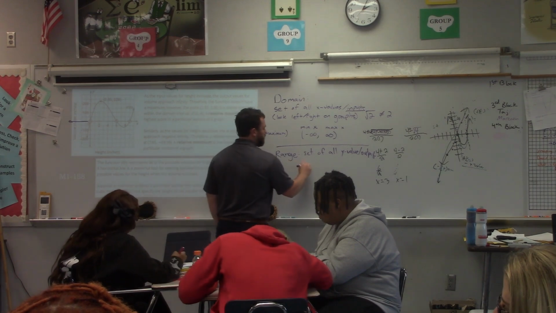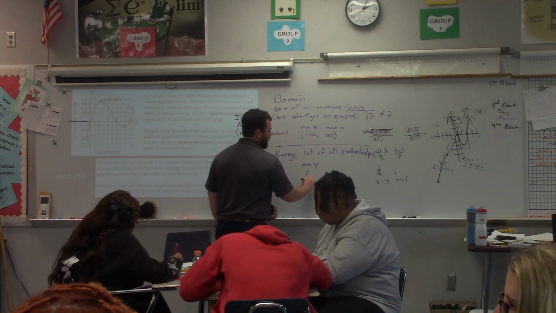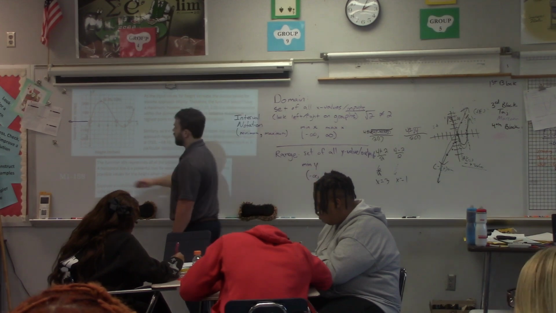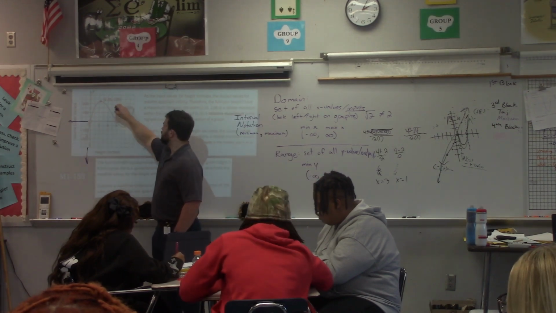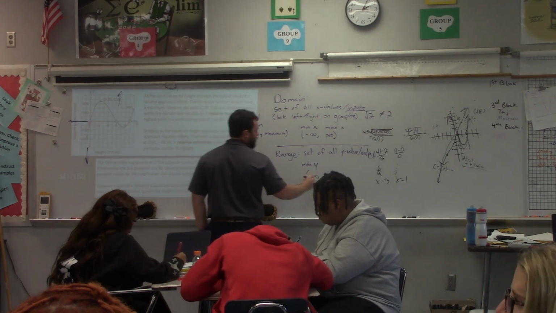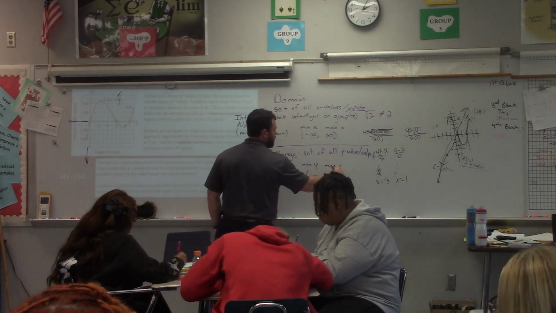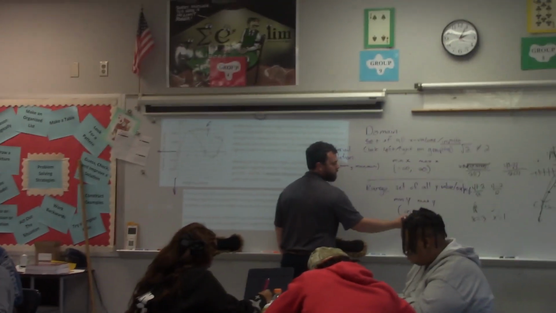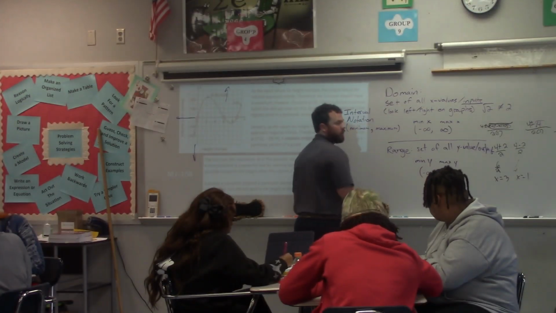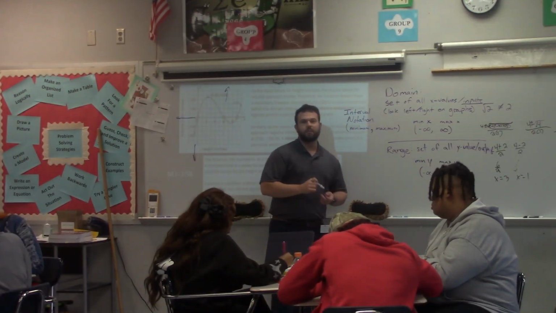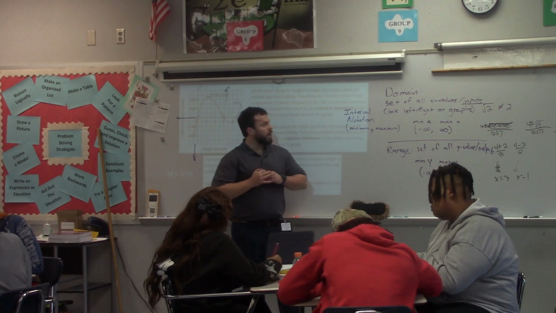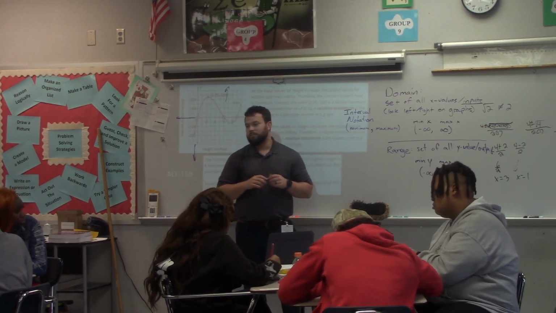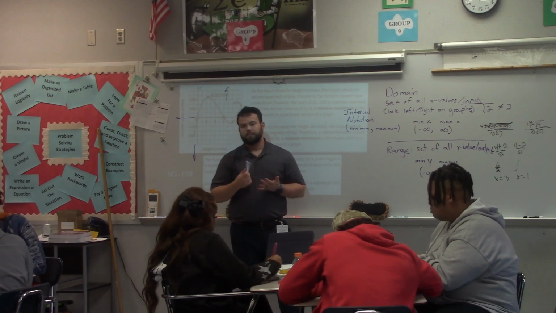Negative infinity. Does it ever quit going down? Nope. Does it ever quit going up? No. Maximum y is infinity. And then what do I put in between to indicate that it's anything in between? A comma. That comma tells us it's anything between that minimum and that maximum. That's domain and that's range.